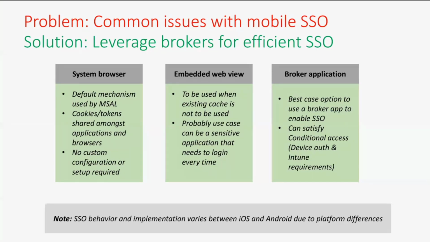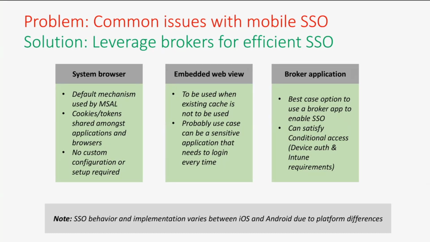By default, if you integrate a sample without enforcing an authentication broker, MSAL system browser is the experience that you will see, wherein your app will redirect to the system browser, and a system browser based redirection will happen. Then you sign in, and once the sign in completes, the browser will redirect back to the app with the token for you to perform the actions. Now that's the expected default experience that we want to use.